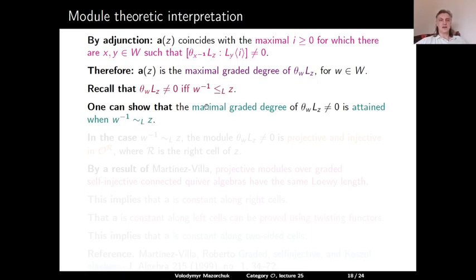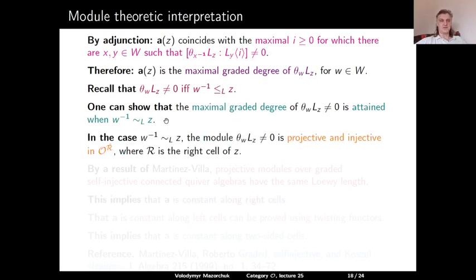So you can only apply things which are left less than or equal to z, and to get the maximal possible shift, you need to apply something which is left equivalent to z. And one can also show that in this case, the module theta w Lz is both projective and injective in the category O R hat. We will discuss this in more detail in a later lecture.